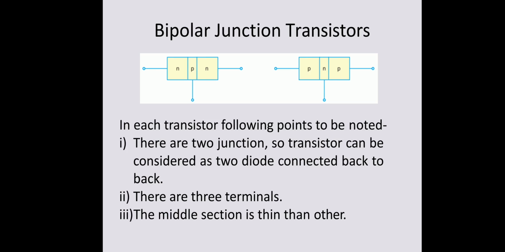Normally the emitter base junction is forward biased and the collector base junction is reverse biased. The three terminals are called emitter, base and collector, and the middle section is thin compared to the other two sections.